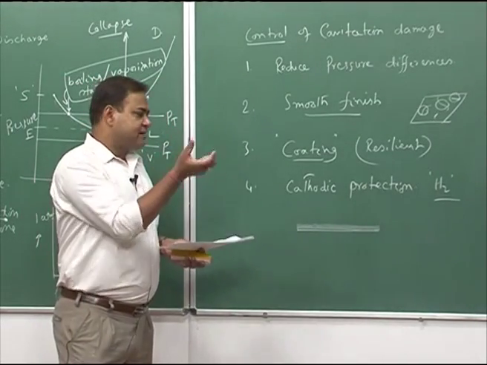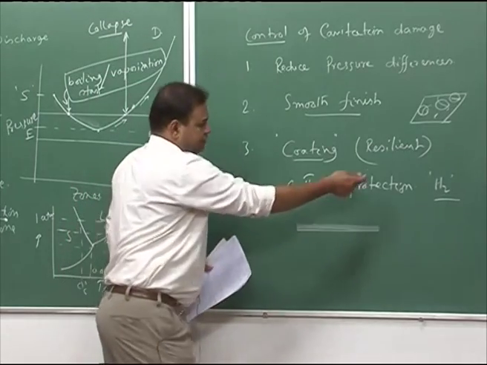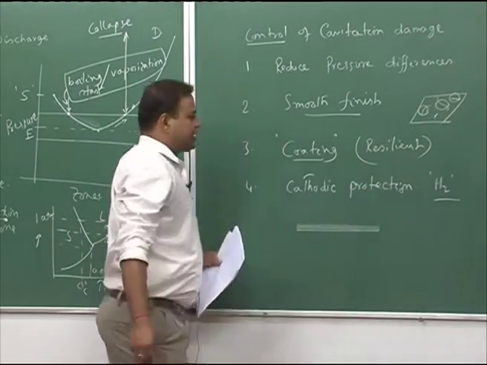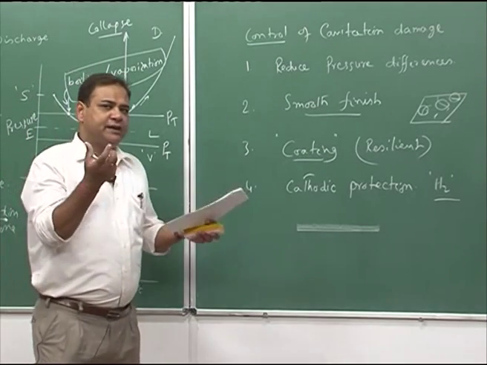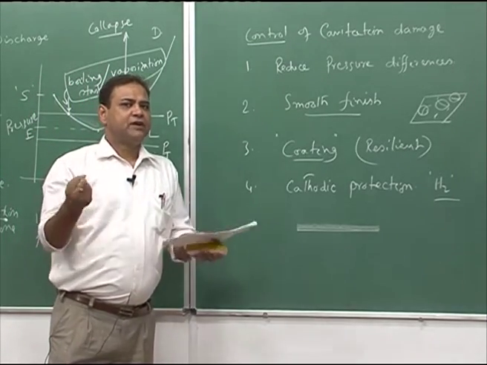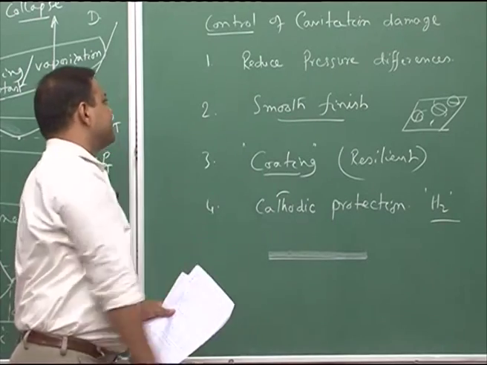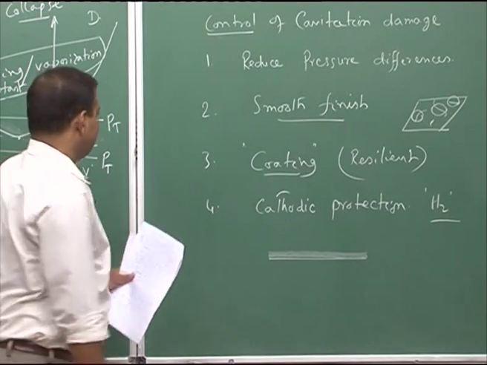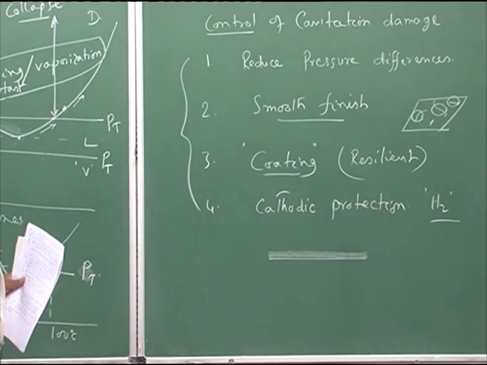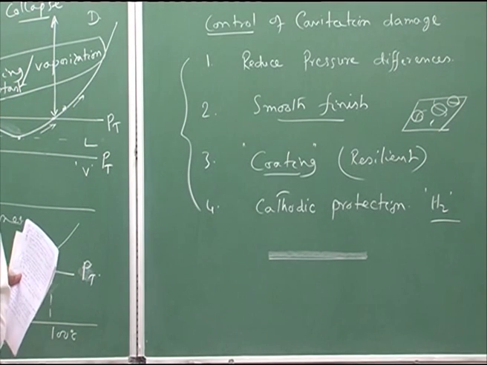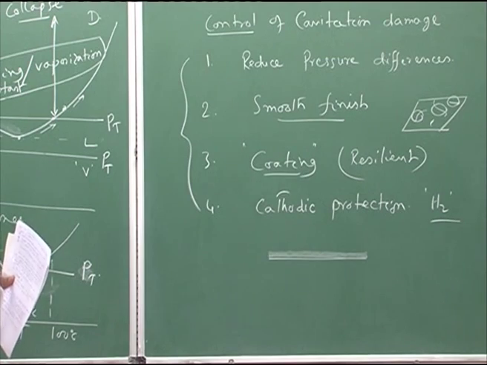So, the gas layer, which is there because of this hydrogen gas generation on the metal surface, actually takes care of the shock wave to a great extent. That way we can protect the metal surface. So, these are the common control mechanisms in order to minimize cavitation damage.